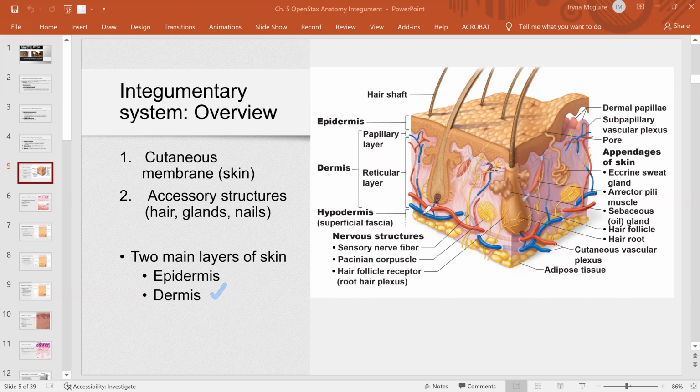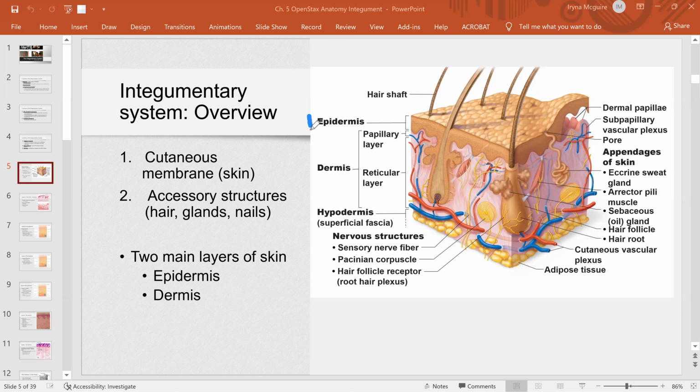Now you also see this area here that is mostly fat. This is called hypodermis, or another name is superficial fascia. And technically it's not part of the skin. However, it shares some functions with dermis.